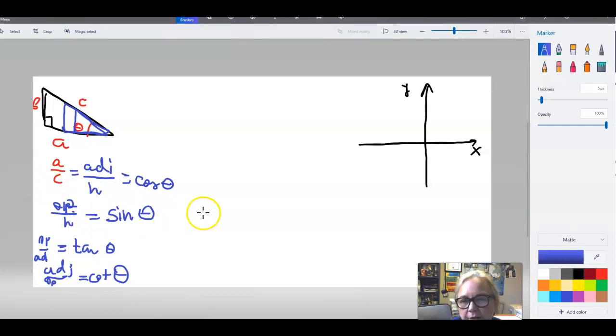So let's go ahead and look at how we can apply this to the idea of the unit circle.